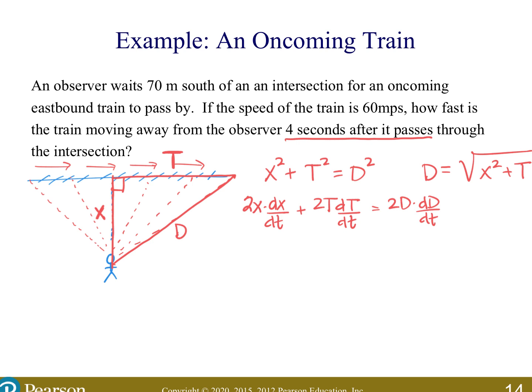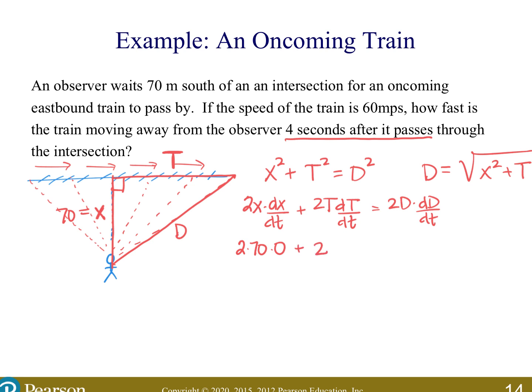The number 70 represents the frozen position of the person. So I can put that in. Okay, so x is equal to 70. dx/dt stands for the rate at which the person is in motion. And what's the value of that? 0. Okay, person's not moving.